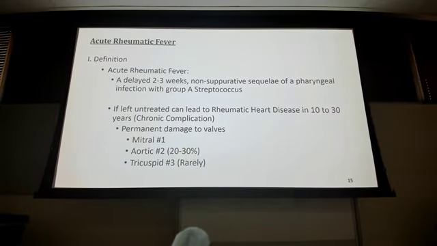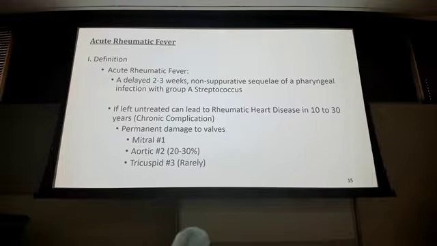So acute rheumatic fever typically develops within 2 to 3 weeks of a strep throat infection. Typically, that is untreated with antibiotics. Okay? So this is not something that develops immediately after. There is a 2 to 3 week delay in the development of this condition.